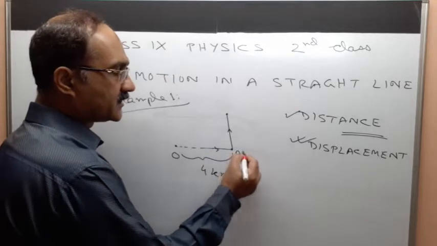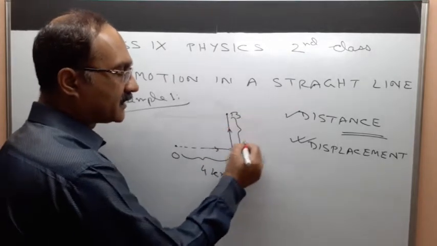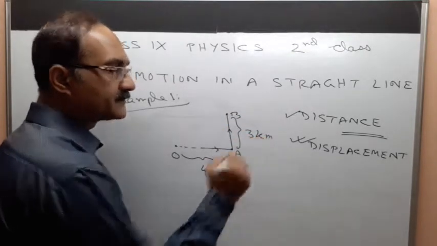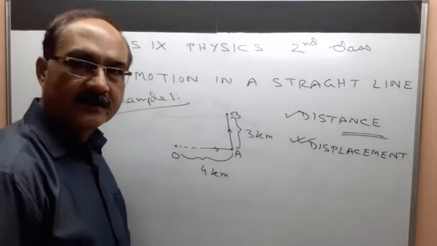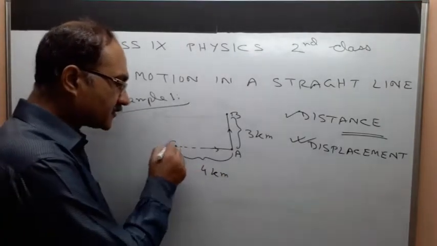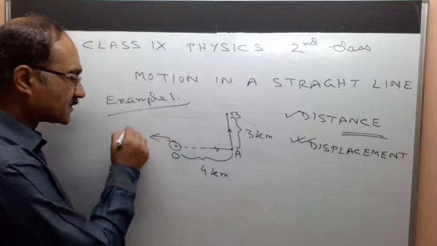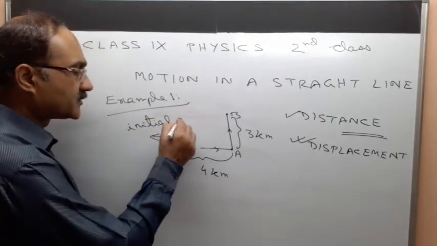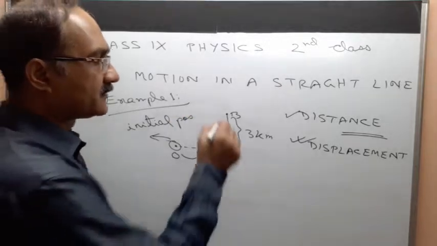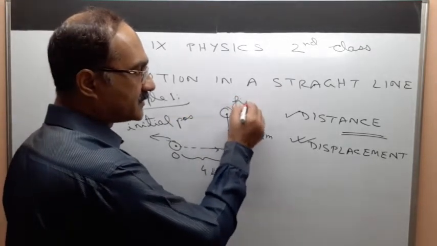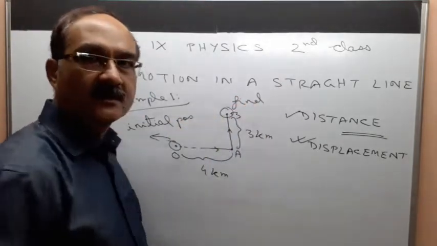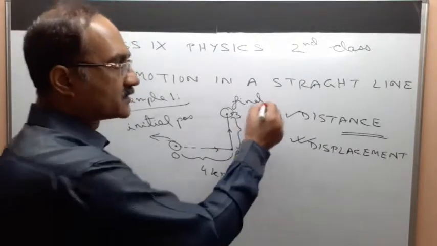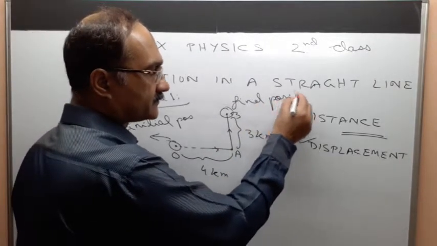So say this is point A, this is point B, and say this is 3 kilometers. Okay? So the initial position of the body is this. This is the initial position, and the final position of the body is this. Right? So this is the final position.